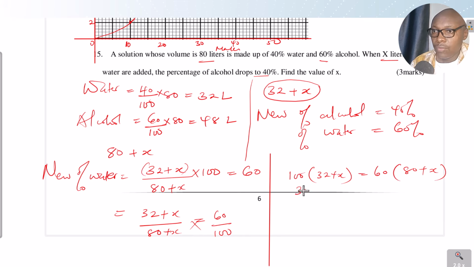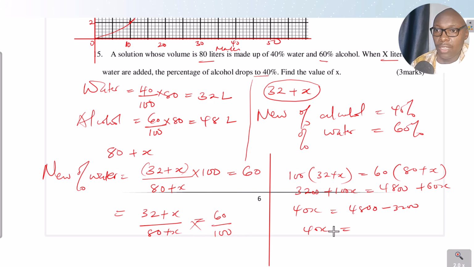So this will give 3200 plus 100X equals 4800 plus 60X. Collect like terms together: 100X subtract 60X will give 40X equals 4800 minus 3200.